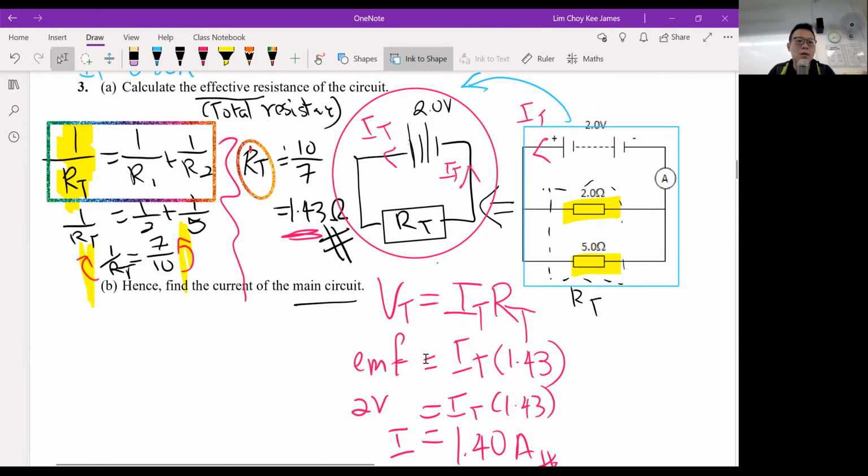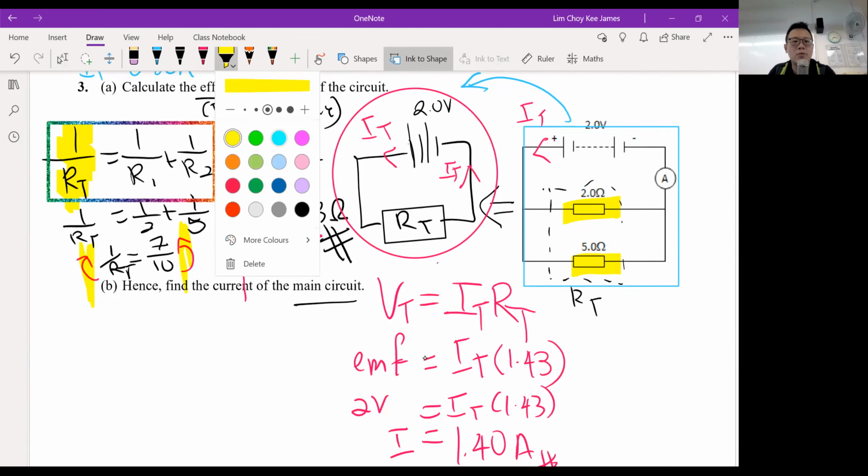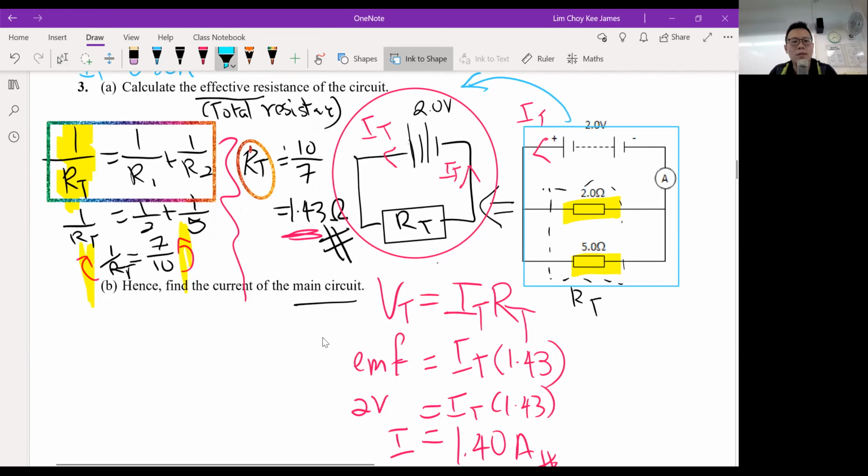In a multiple-part question with part A, B, C, D, the parts are normally correlated. Your part B answer may rely on part A, or your part D answer may depend on part A and part C.